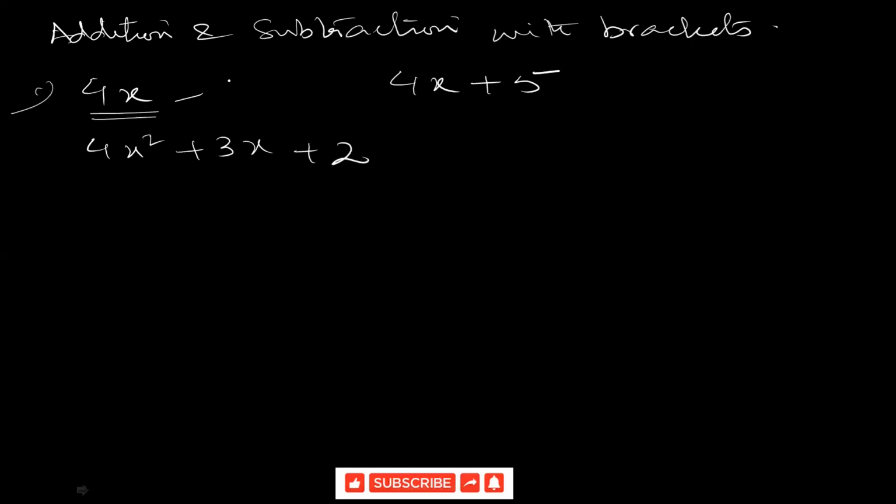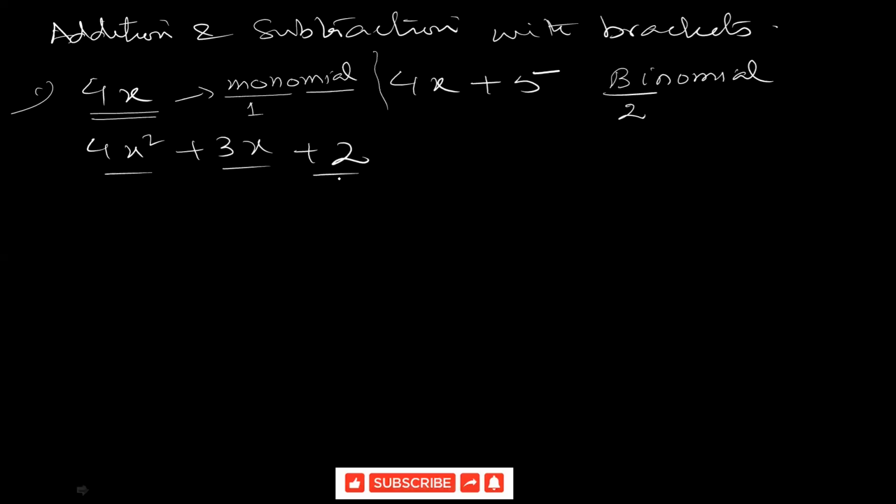So we say this is a monomial. Mono means one. Now we have 4x plus 5. It has two terms. So two terms means binomial. Bi means two. And this one has three terms, 1, 2, 3. What do we say for 3 in Latin? We say that this is trinomial.